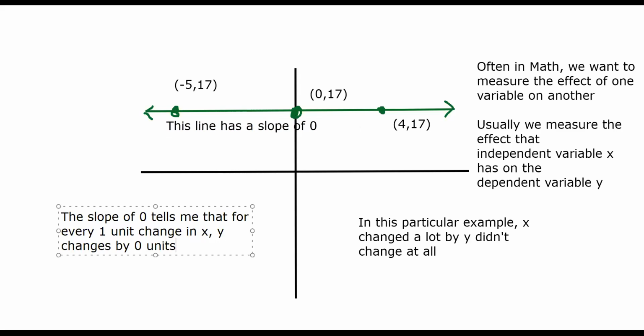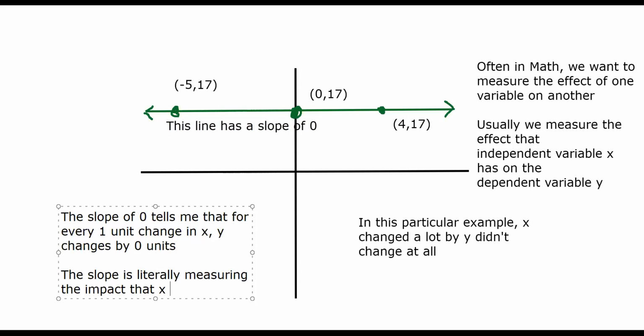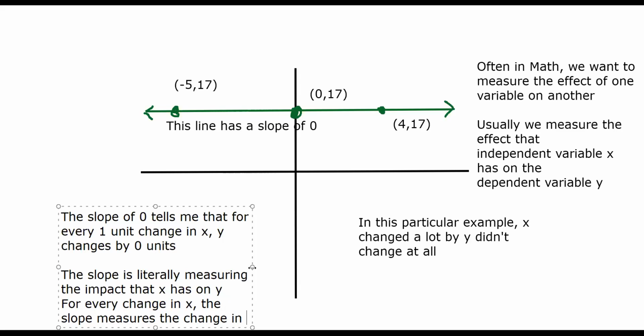What that means is that the slope is literally measuring the impact that x has on y. For every change in x, the slope measures the change in y. In this particular example, the slope was 0, so there was no change in y for every change in x.